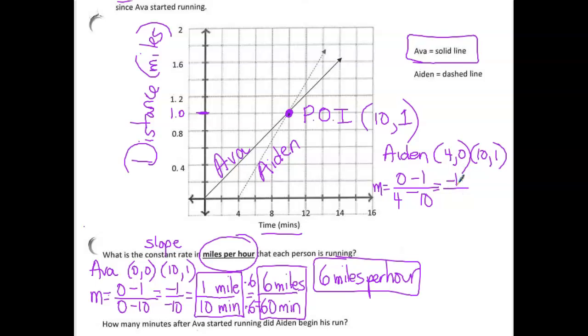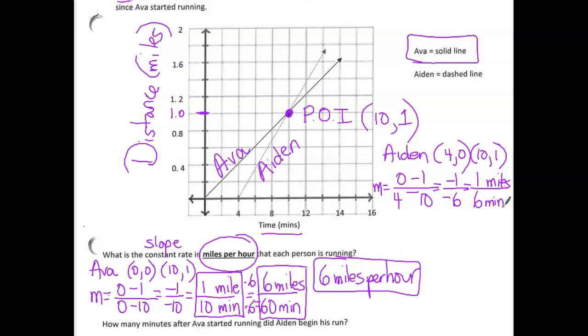In the denominator, I get a negative 6. That is really 1 over 6. And following suit, just like the last one, the 1 is the y-axis, which is miles. And the denominator is 6 minutes.